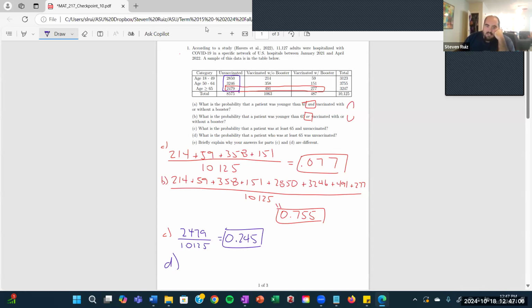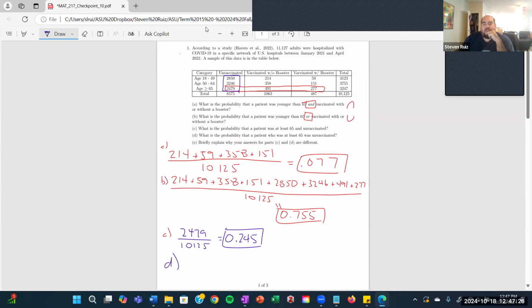For Part C, what was the sample space? The sample space was this whole population, so my denominator was that cardinality, 10,125.